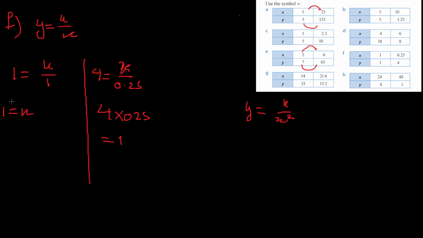So basically we see that both of these are the same, so it's just going to be y is directly proportional to x. There's no silly tricks behind this. This is the answer. Oh, sorry, I meant to write 1 by x, as it's indirect.